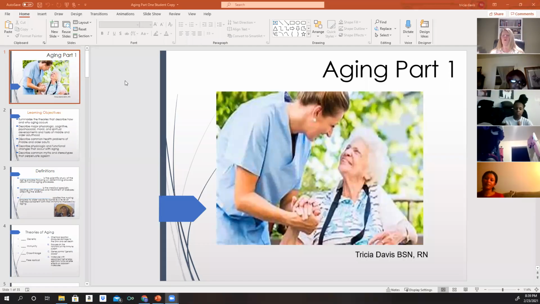So aging part 1 is the last lecture for your exam material for next week's exam. Aging has 2 parts. Part 2 will be on your 3rd exam and we will start that next week after your exam. So what are our learning objectives for aging?